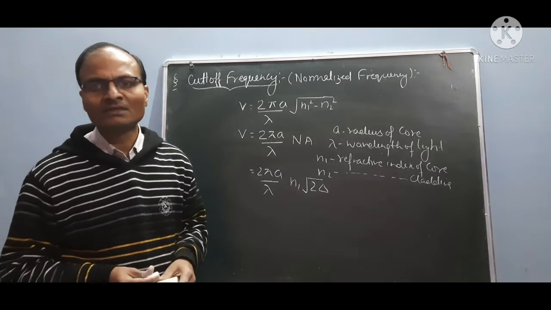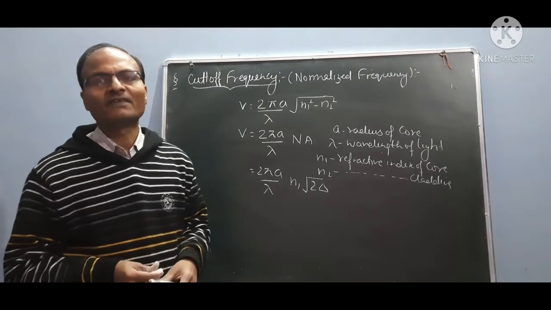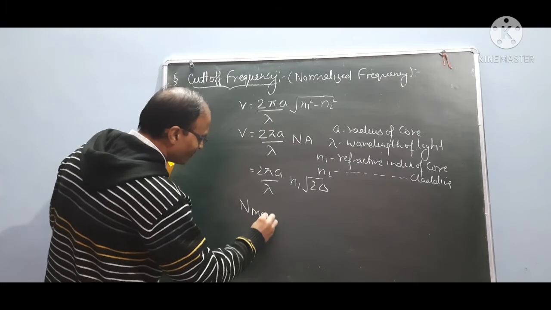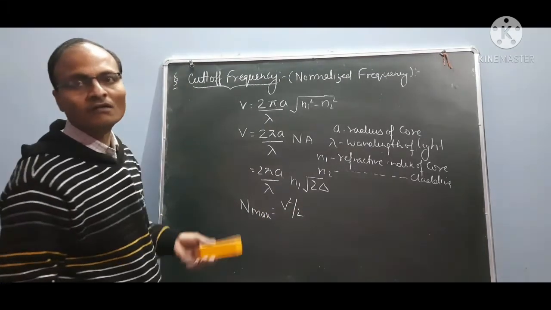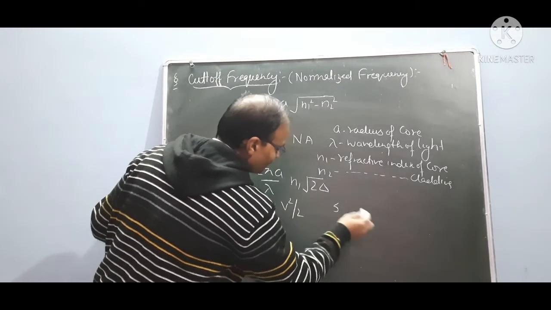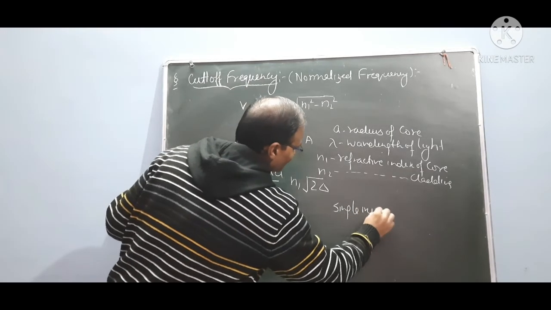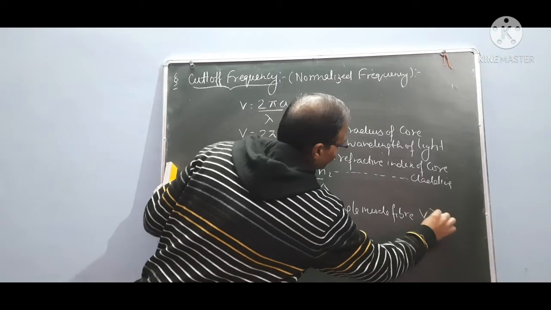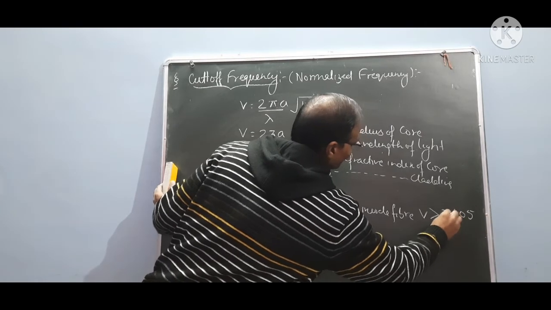The maximum number of modes propagating in a fiber is defined by N maximum. N maximum, the number of modes, equals V square by 2. For a single mode fiber, V is less than 2.405.